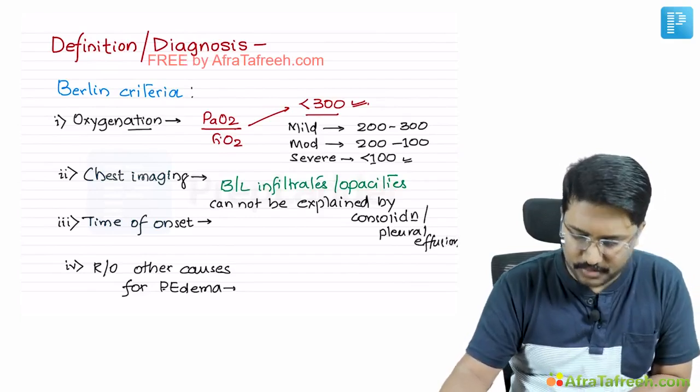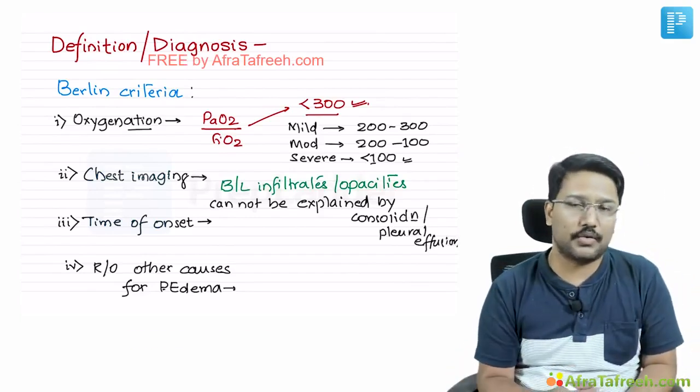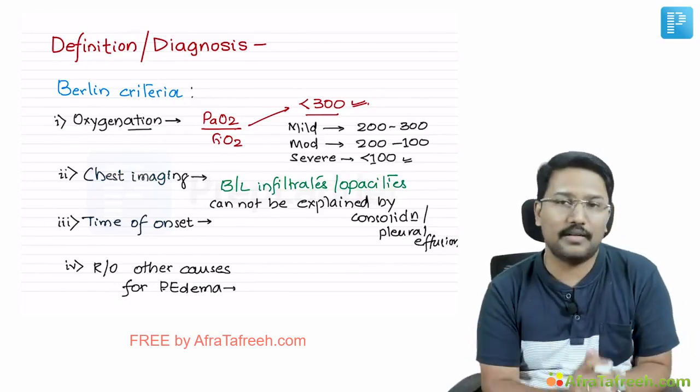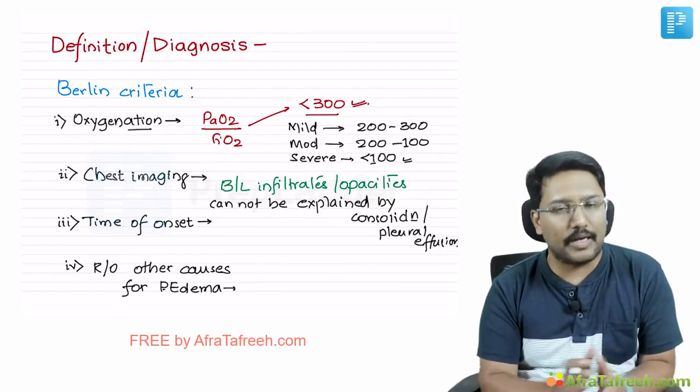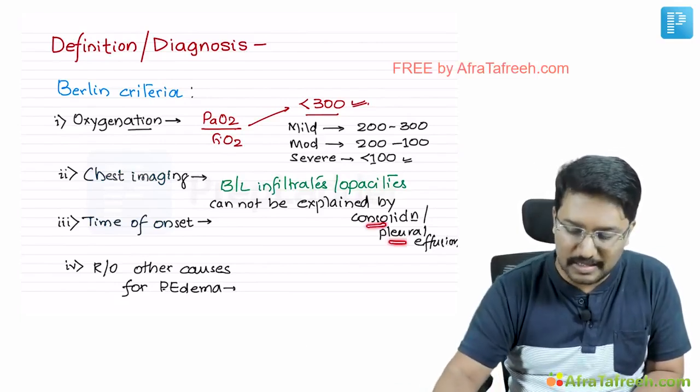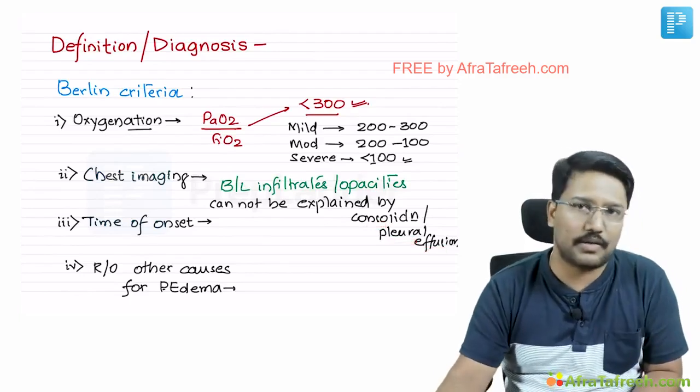So it's not like a typical lobar consolidation that you're seeing and it is bilateral and you end up calling it ARDS. It's not that there are bilateral pleural effusions present and you end up calling it ARDS, right? So these opacities shouldn't be typical of pleural effusion or typical of consolidations.